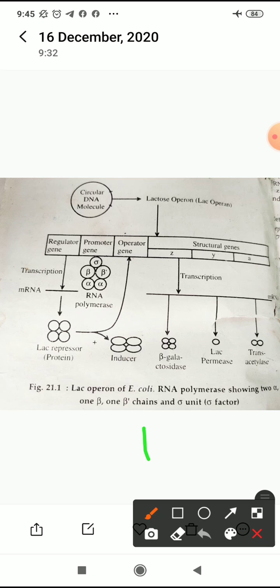So in this figure one can see the operon, which is a genetic unit and consists of operator gene, see here operator gene, structural gene here, and structural genes are controlled by operator gene for whether to synthesize or not to synthesize enzyme.